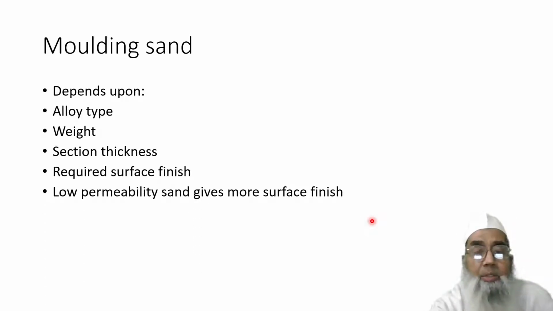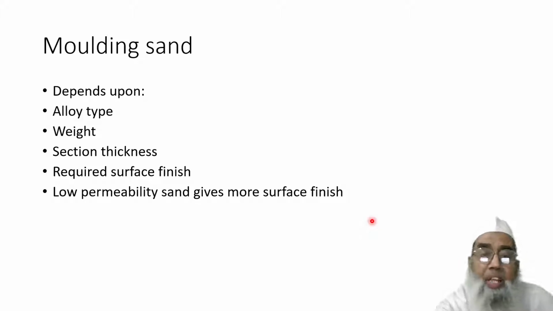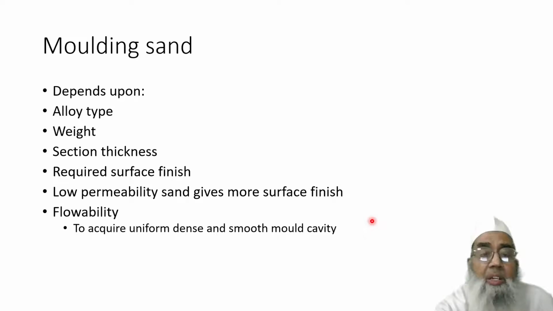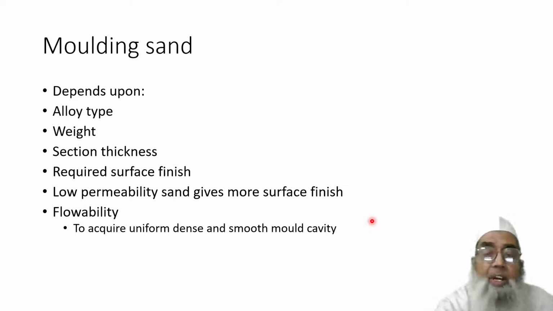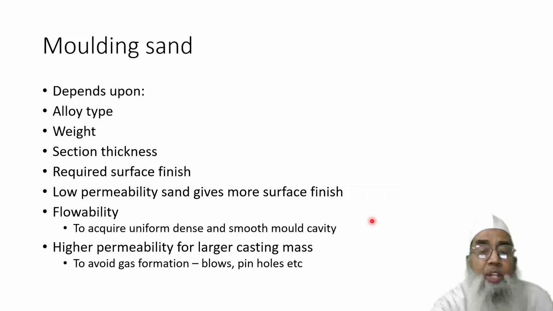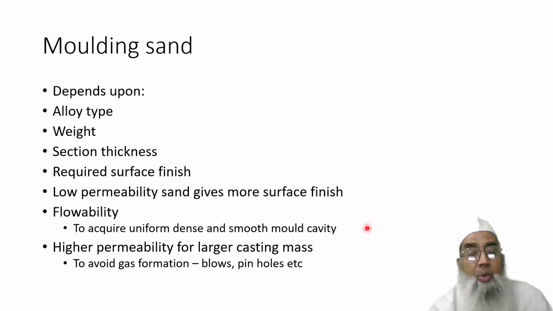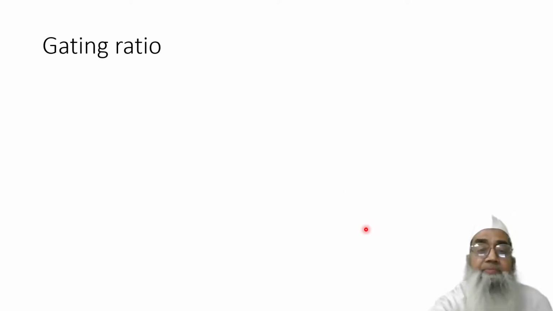Low permeability gives a good surface finish and fluidity to acquire uniform density and a smooth mold cavity. It should have good fluidity. High permeability for longer castings is needed to avoid gas formation, which may cause blows, pinholes, etc.